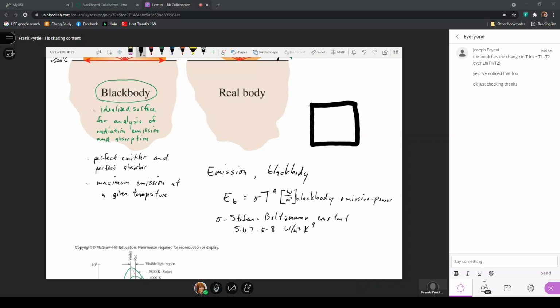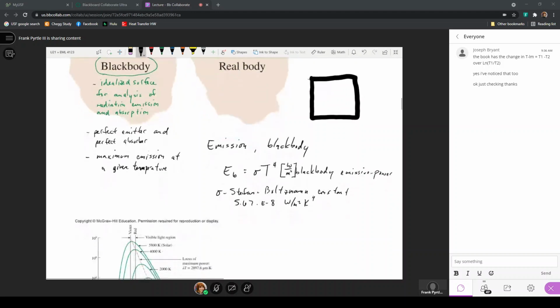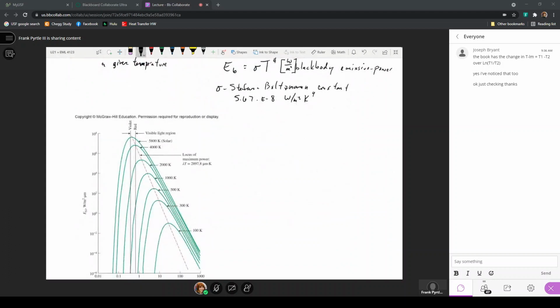Now, this expression, black body emissive power, comes from the consideration of an expression that we call the spectral black body emissive power. It's a plot. Now, this comes from a significant amount of research done in physics to determine exactly what this distribution looks like. And we'll come back to this again. This is E sub B is sigma times T raised to the fourth.